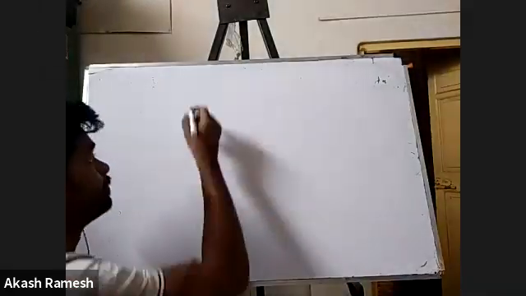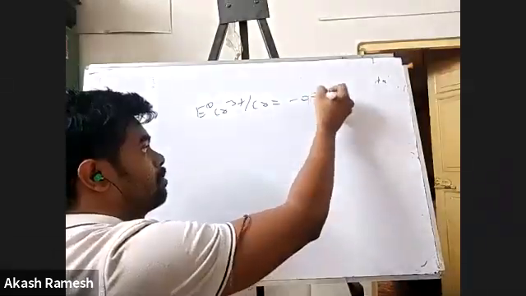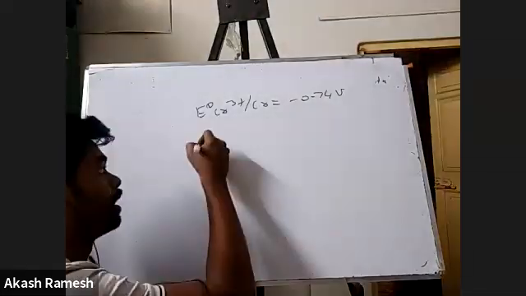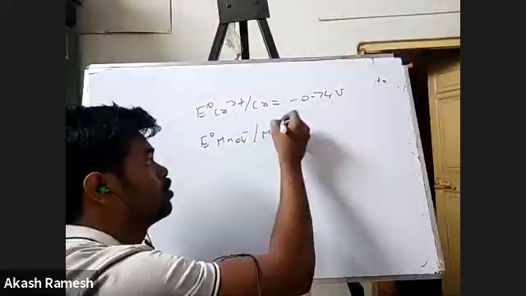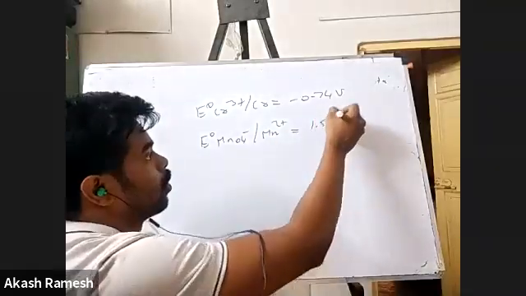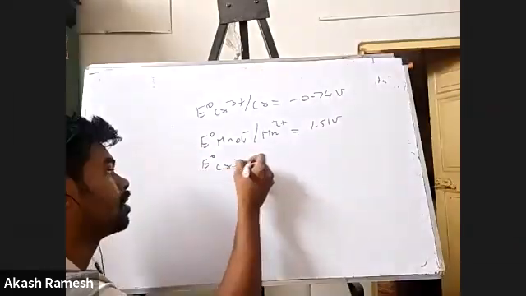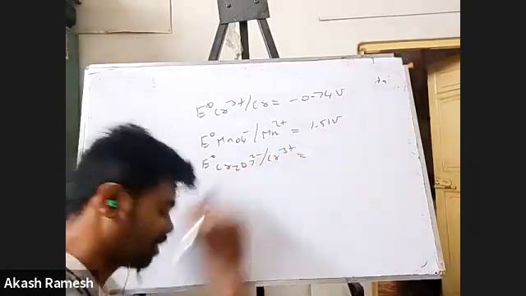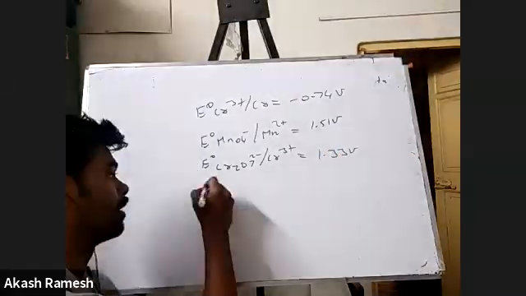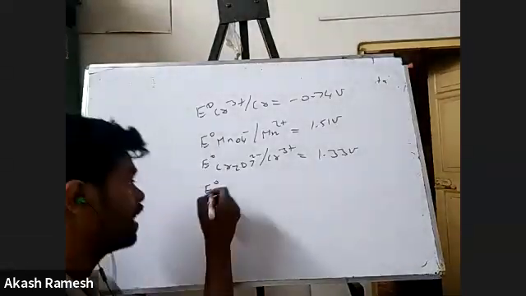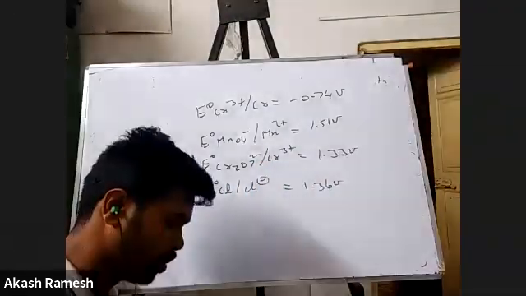They have given E naught Cr3+ by Cr is minus 0.74 volts, and E naught MnO4 minus by Mn2+ is 1.51 volts, and E naught of Cr2O7 2- becoming Cr3+ is 1.33 volts, and we have given E naught Cl2 by Cl minus is 1.36 volts.